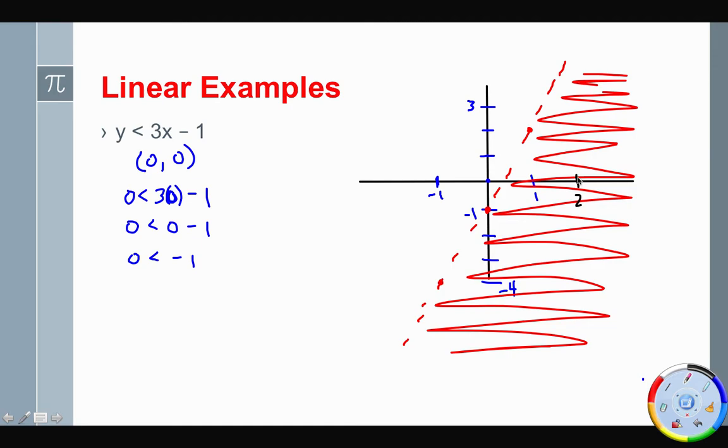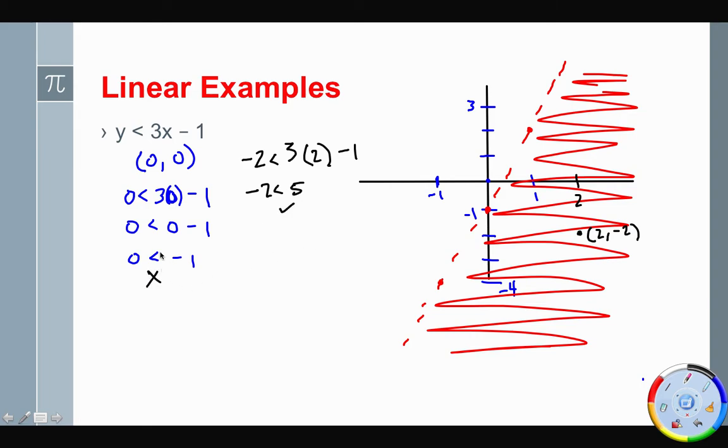So if I was to choose the point 2, -2 down here, this will be a true statement. We can test that. If I use the point 2, -2, that would be y is -2, and x is 2, and I would say -2 is less than 6 minus 1, which is 5, and that is true.